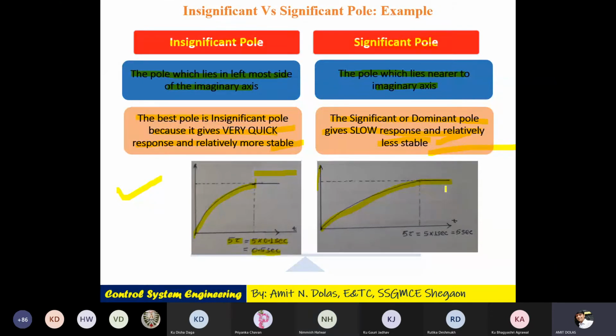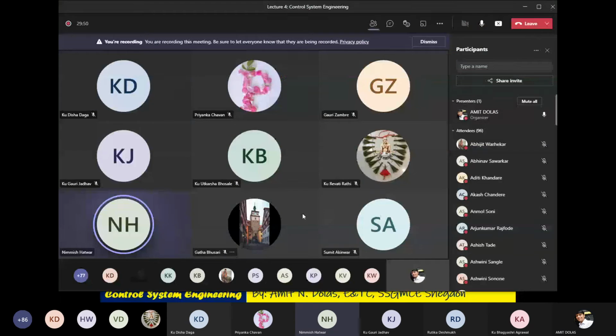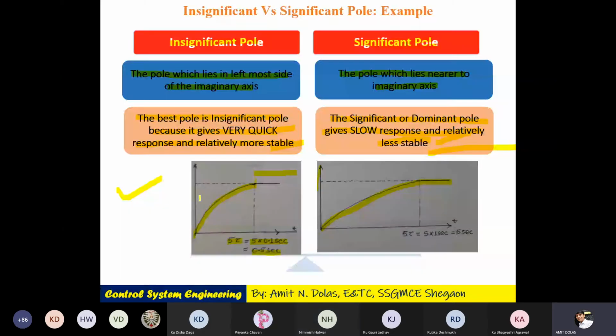Excuse me, sir. Yes. Sir, at that point where the graph gets constant, what is that point known as? Where it gets constant, from there the system is stable. Okay. If you talk in terms of, say, suppose you are talking about this period, it will be the transient period. Okay. And this period will be steady state.